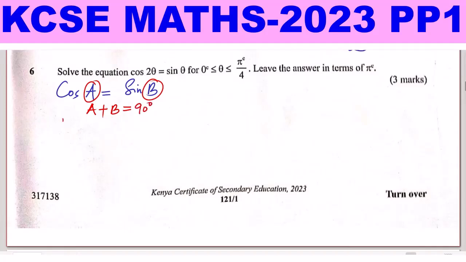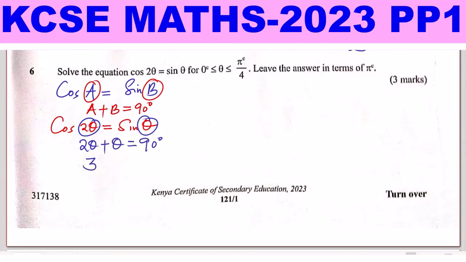So in this case, you have cosine of 2 theta is equal to sine of theta. So when you take 2 theta plus theta, that should add up to 90 degrees. And this will give 3 theta is equal to 90 degrees, and theta will be 30 degrees. But in this question, you're supposed to leave the answer in terms of pi radians.